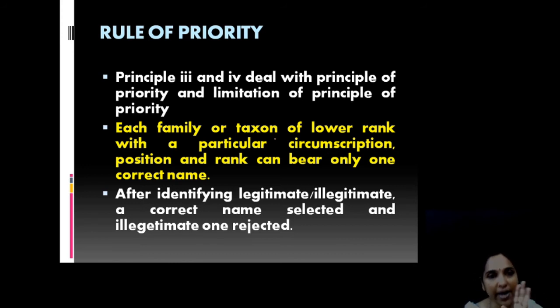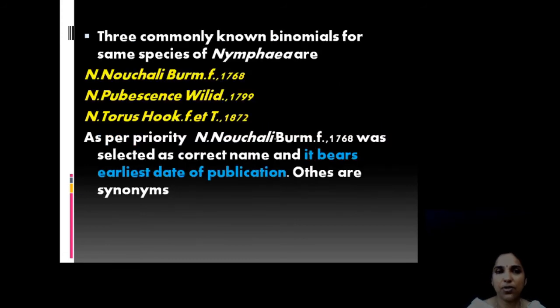After identifying whether it is according to the rule, the correct name selected is accepted. Others are rejected. That is the rule of priority. The correct one based on the rules is accepted, others are rejected. Okay, one example I can give you.